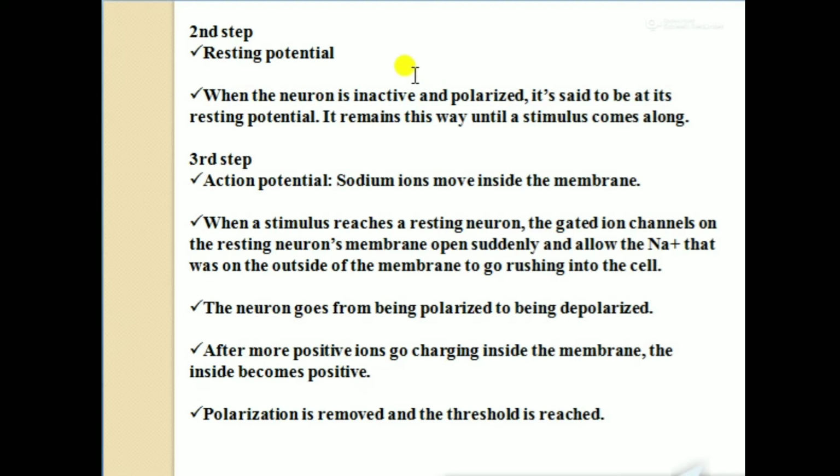When the cell is at minus 70 millivolt and there is information, it changes to minus 60 millivolt. They change the membrane potential to minus 60 millivolt. If I change the color, it makes it more visible. From minus 70 millivolt to minus 60 millivolt.